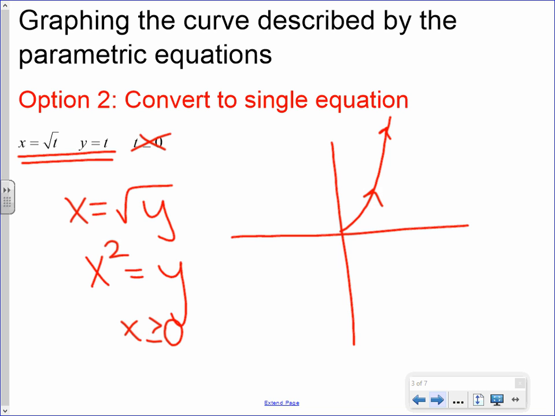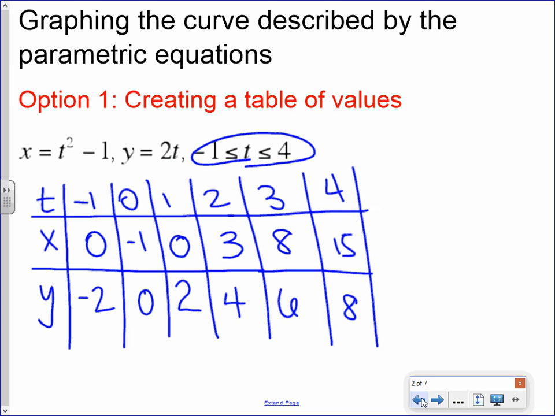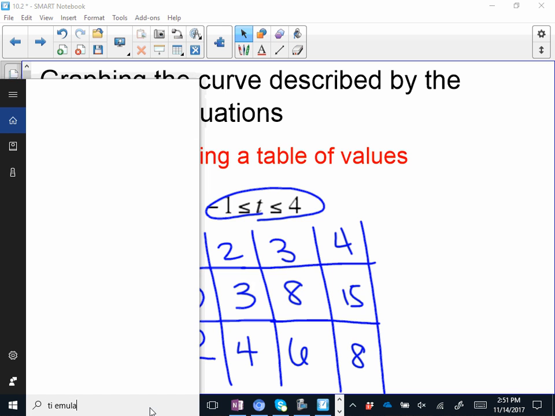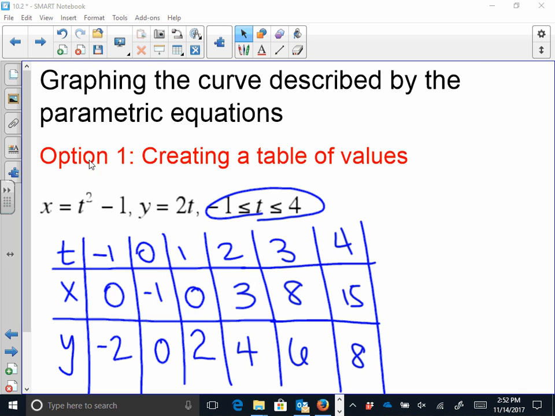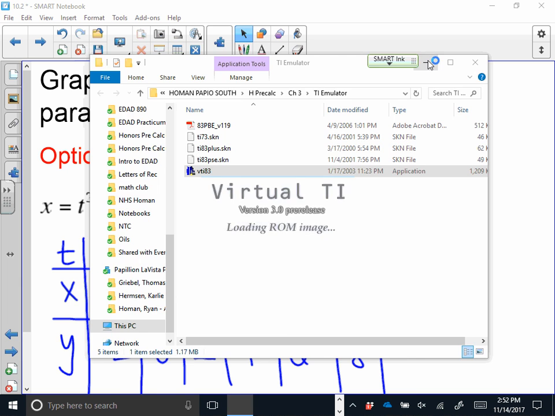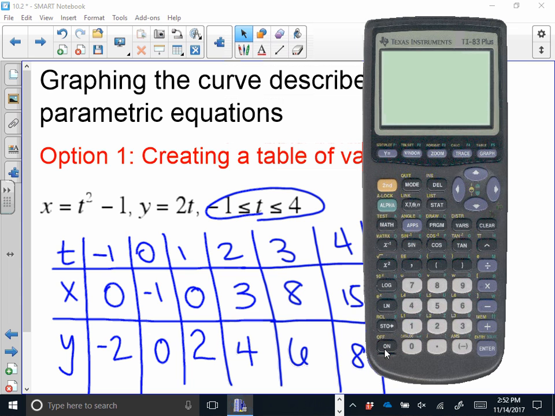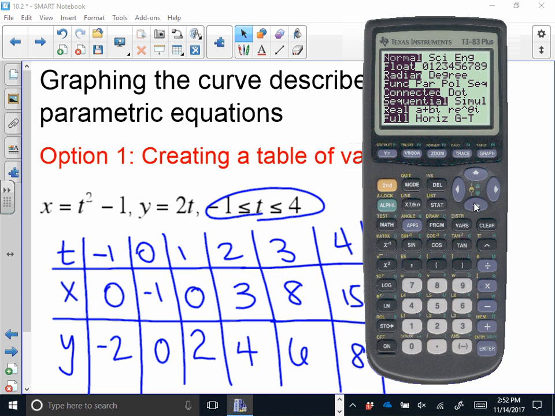Do you remember how to graph parametric equations in your calculator? No? Get your calculator out. Okay, so if you go to mode, we need to be in 4.